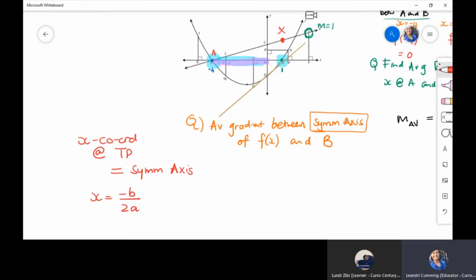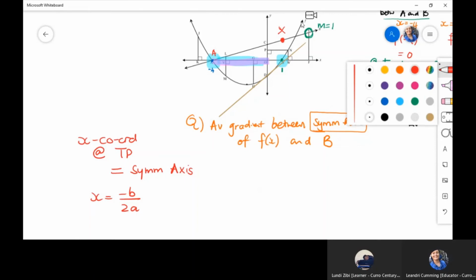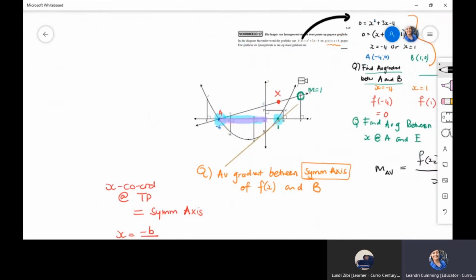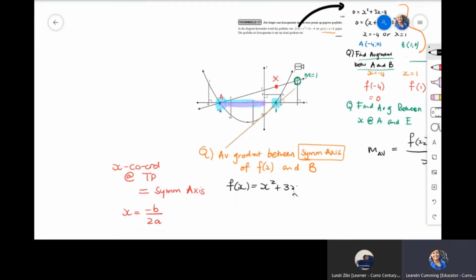We already have f of x in this case. f of x is x squared plus 3x minus 4. That means that the turning point would be minus 3 over 2. Therefore, x is equal to negative 3 over 2.